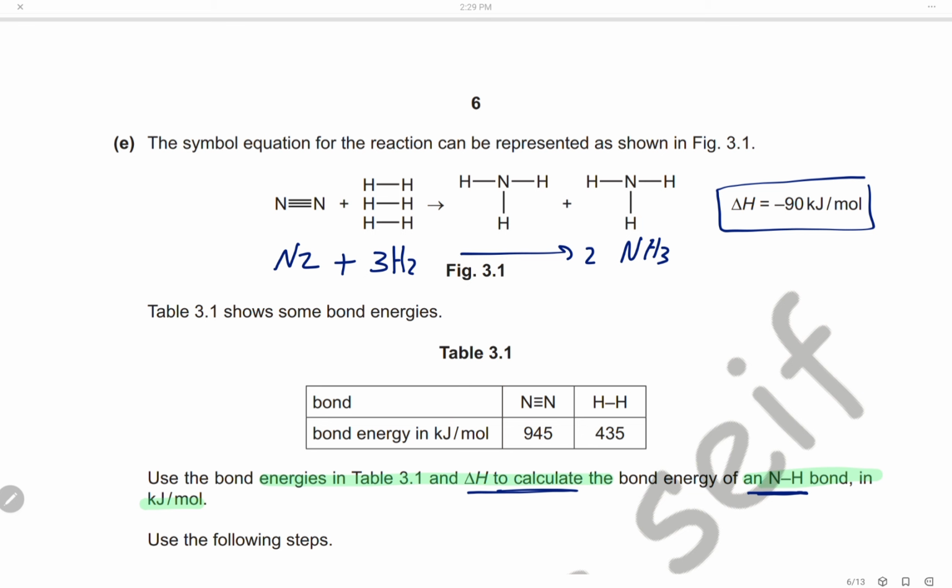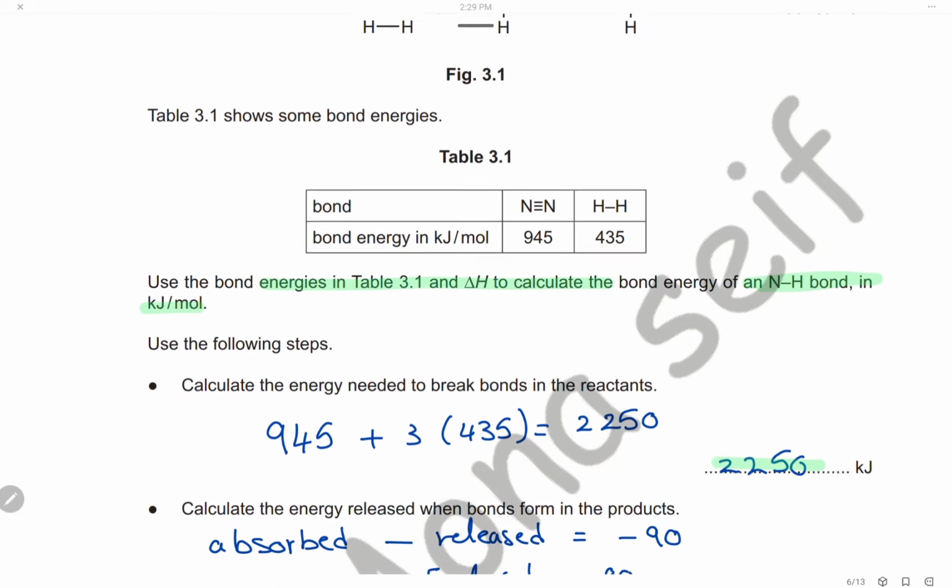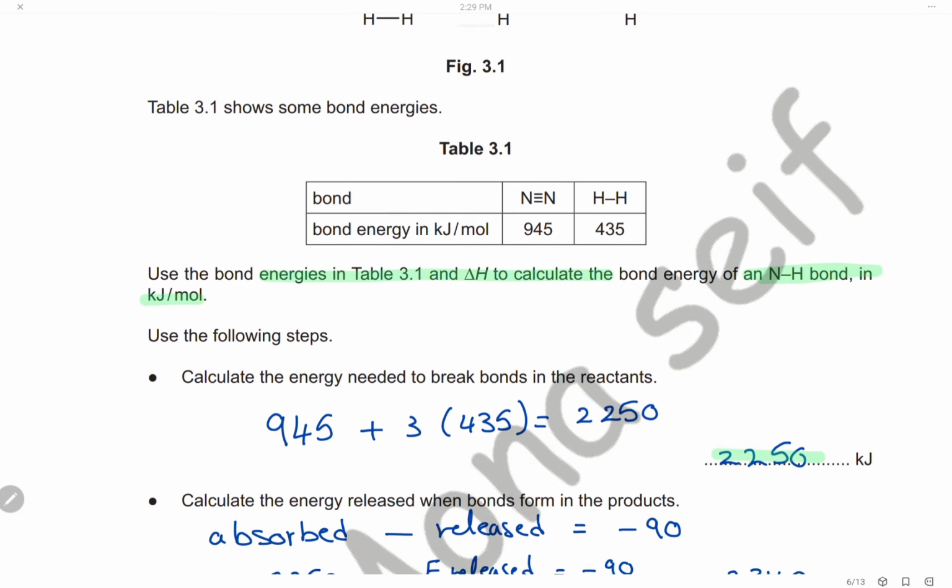So first we will calculate the energy absorbed to break the bonds in the reactants. We have 1 nitrogen bond for 945 and 3 hydrogen bonds, so we will multiply 435 by 3.